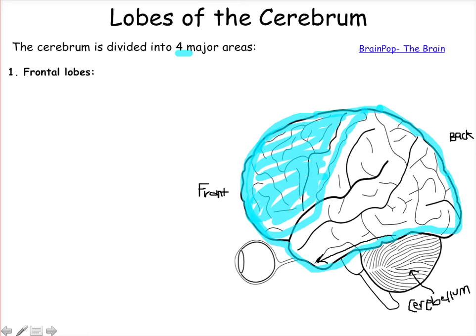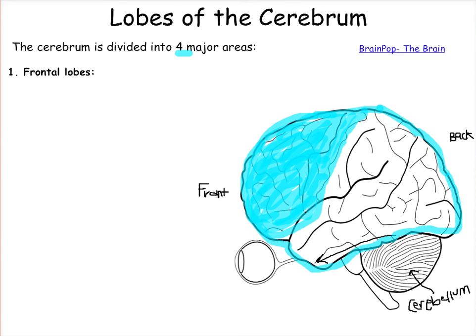You can shade them in. You'll notice I used the plural. I said frontal lobes with an S. That's because, remember, we're just looking at one hemisphere here. There's a whole other hemisphere on the right side of the brain. So this is the left frontal lobe. There's also a right frontal lobe on the other side.